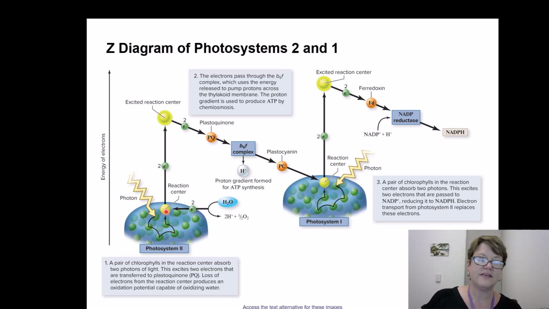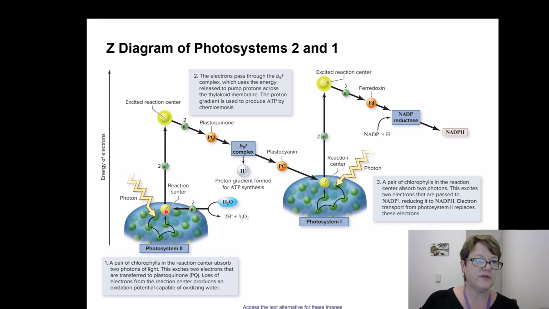And if you think about that, it is impressive. It can break apart a water molecule and take two electrons out. And it needs those two electrons because that photon is going to charge them. And so each time a photon hits the photosystem, a molecule of water is split to provide more electrons.